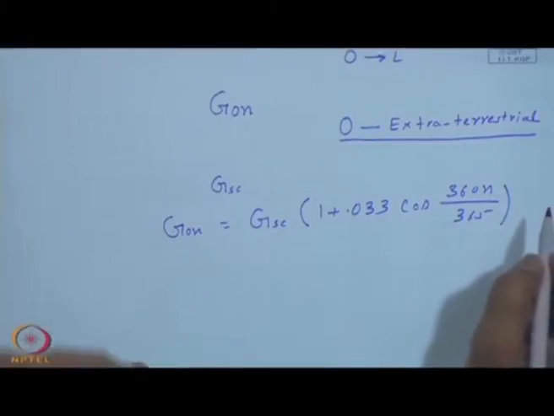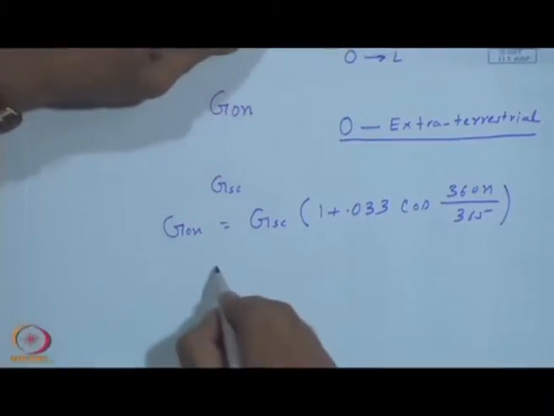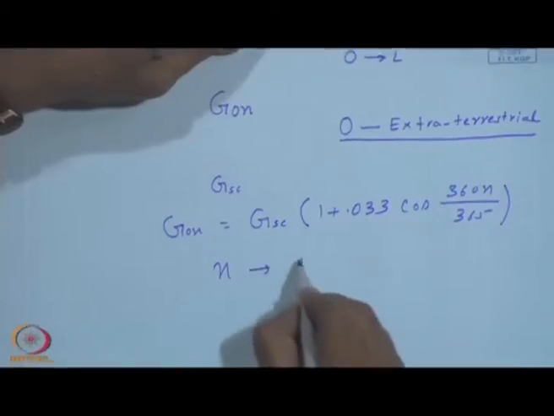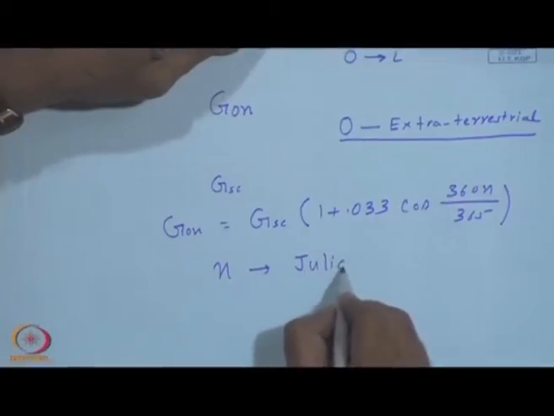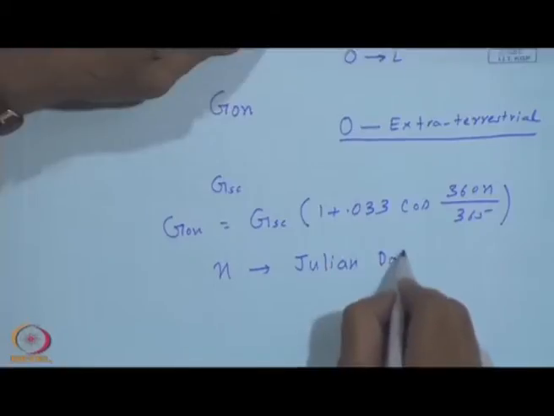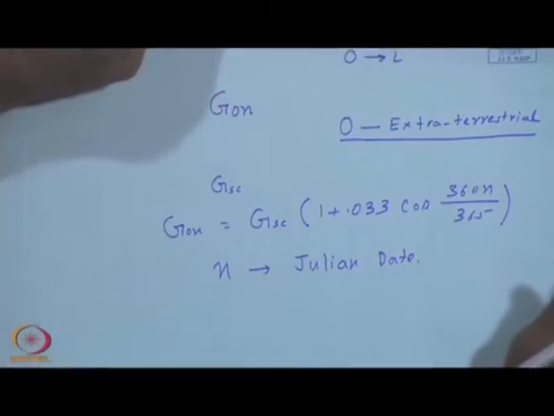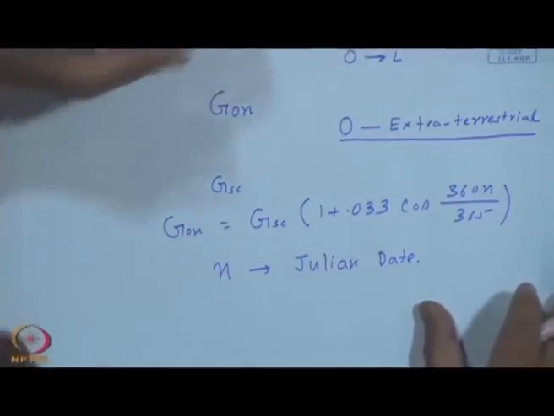This n is the so called day of the year, also called Julian date, which is simply January 1 is counted as 1 and December 31st will be 365.